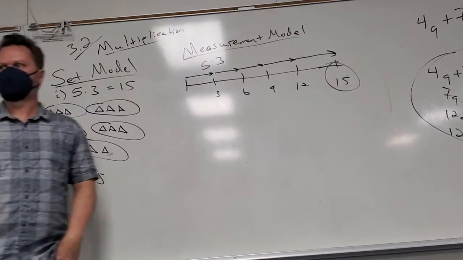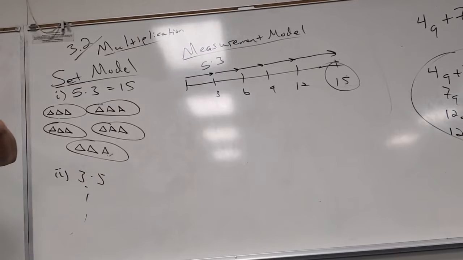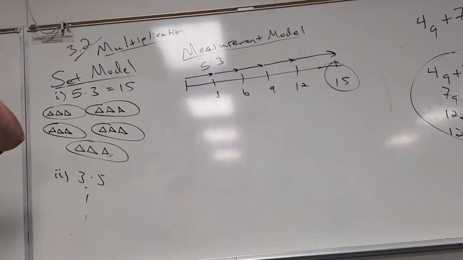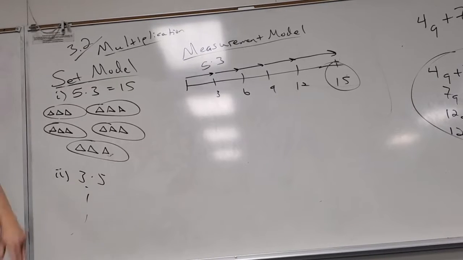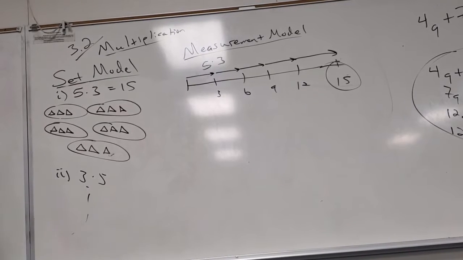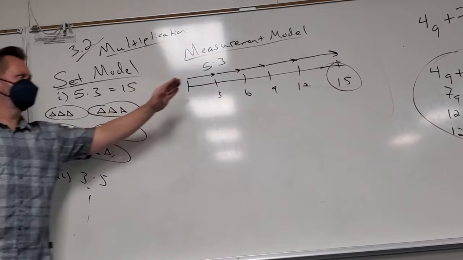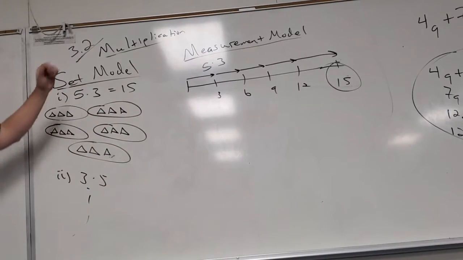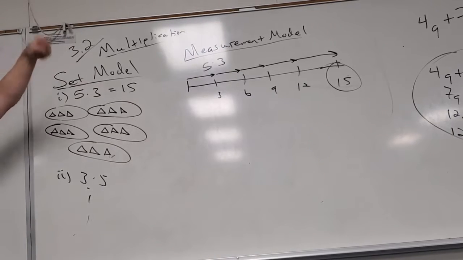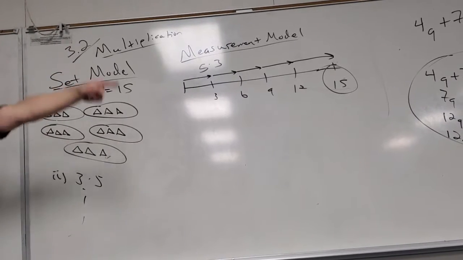Yay! Right? And again, to us, we see that as the same idea, but it has a very different feel to it, especially for somebody who's first learning this. This is based on motion, this is based on counting. Right, so if I move 3 spots 5 times, I've moved 15 spots.